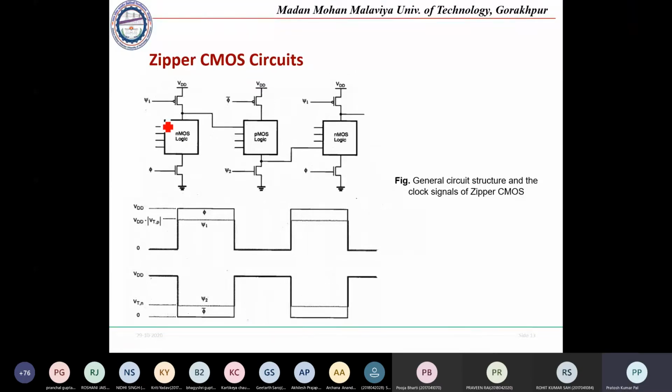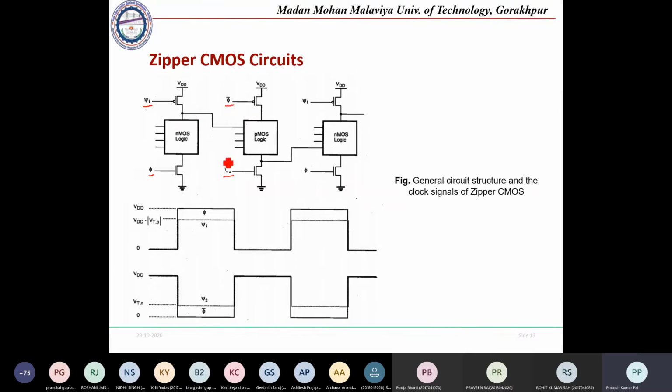So in that we can see the clocking. What is the clock? Here the first stage PMOS has phi 1 as a clock. Then in the opposite direction it will be phi 2, and here it is the complement of phi, that is phi bar.